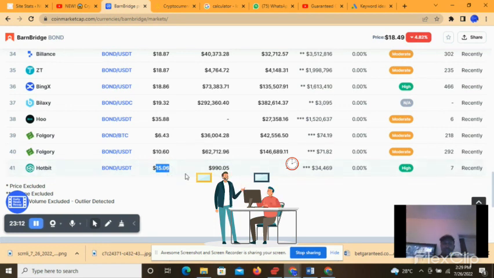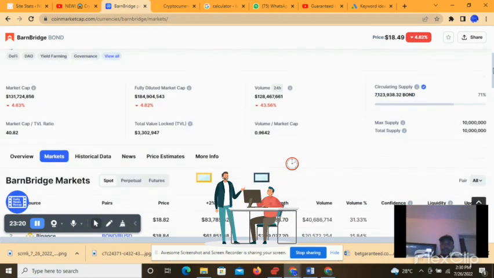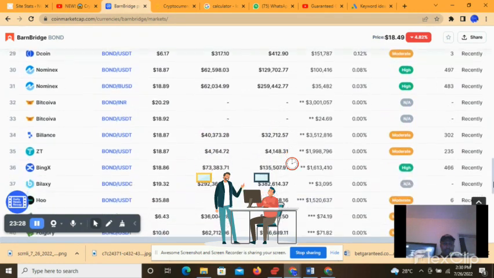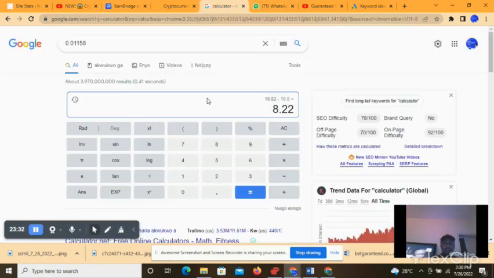So you can imagine 18.82 minus 15.02. This is 3.8 in one single bond. As you can see, 3.82.